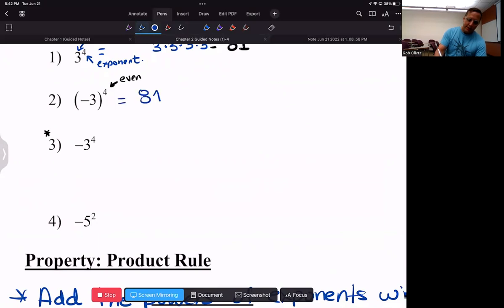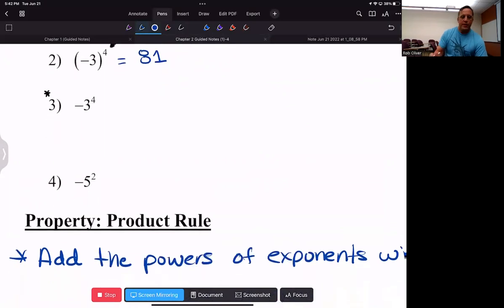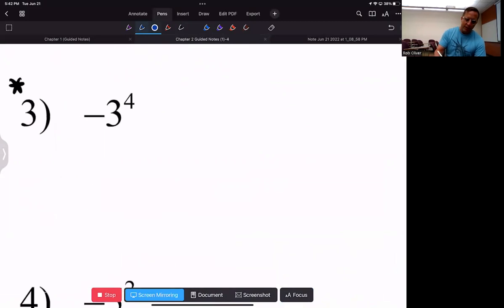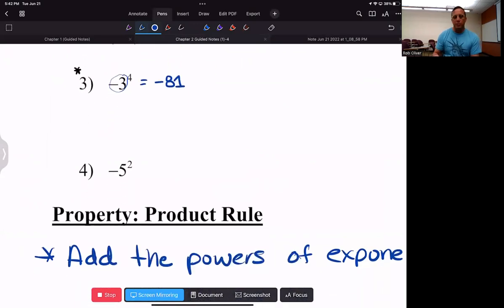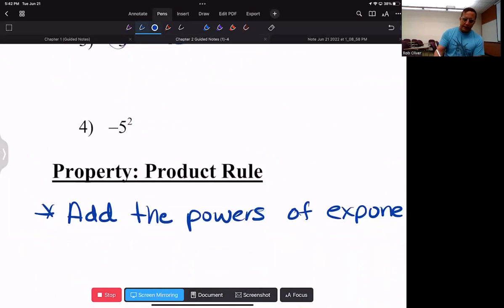It's still going to be 81. And when there are no parentheses around the base, this value does not have anything grouping it. It's just that negative floating in front of that base. That means it's always negative. Doesn't matter if it's an even power or an odd power, it's going to be negative no matter which way you look at it. Same thing with number 4. That's going to be negative 25.